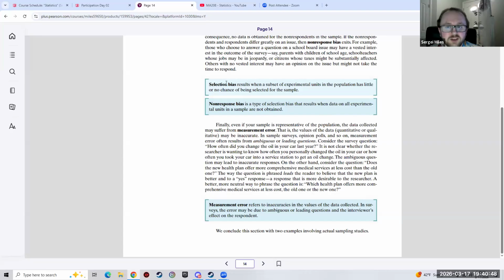Other types of selection bias may occur when a subset of the experimental units in the population has little or no chance of being selected for the sample. Consider a classroom where 19 of the students are women and only one of the students is a man.